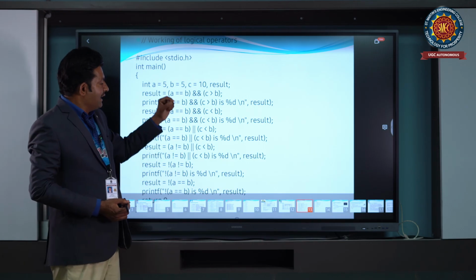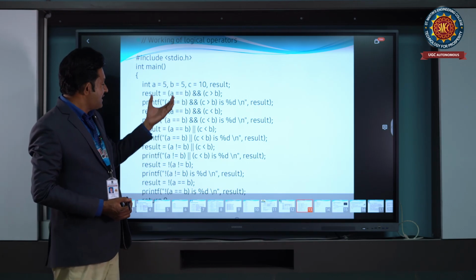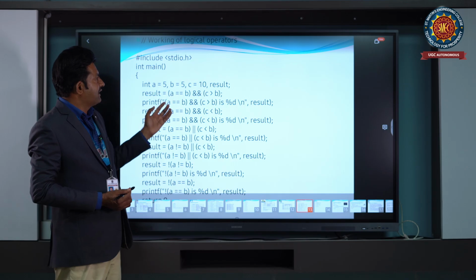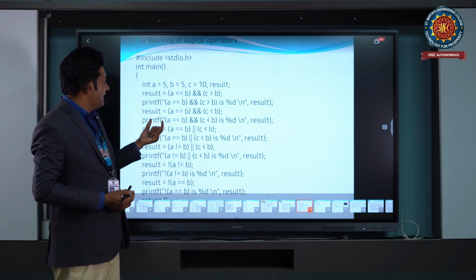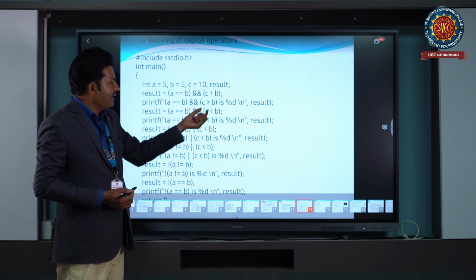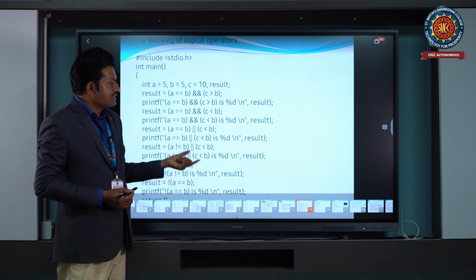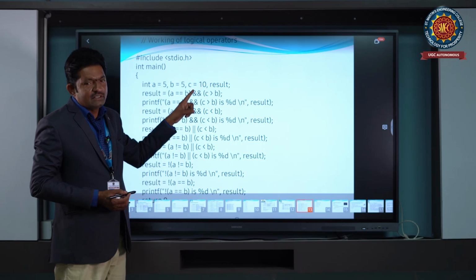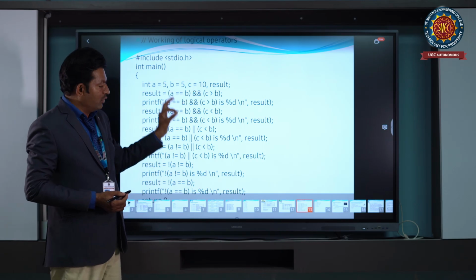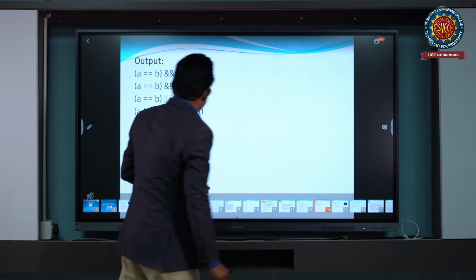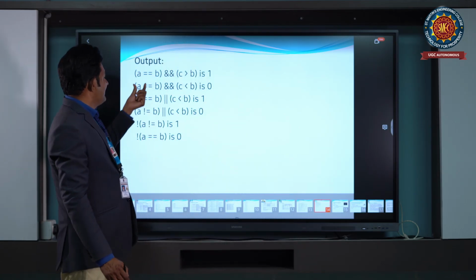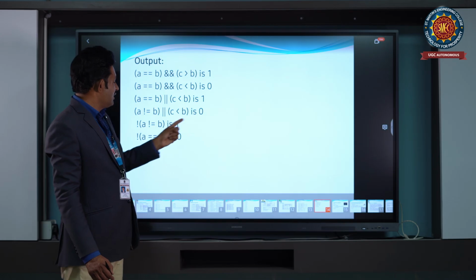All these statements use the logical operators according to the requirement, and here we are using different types of results. The result is printed, and it prints 0 or 1 only. The expected output of this program is 1 0 1 0 1 0.